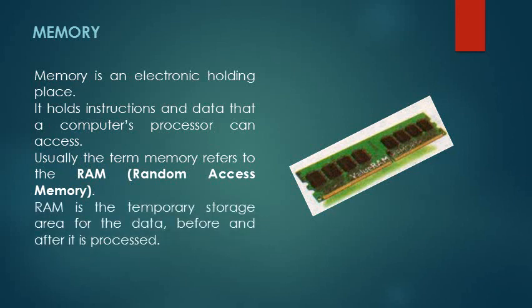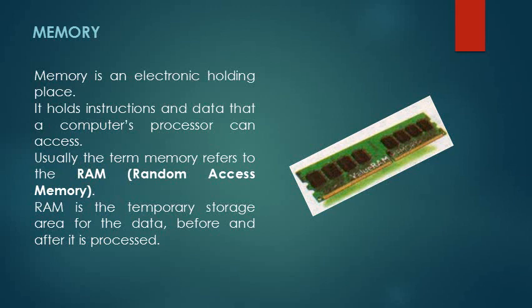RAM is the temporary storage area for the data before and after it is processed. Data is loaded into the memory just before the processing, and as data is being processed, it is removed from the memory.